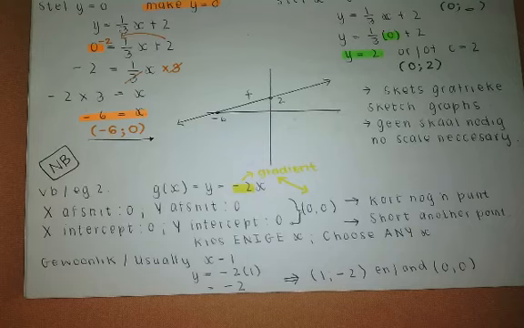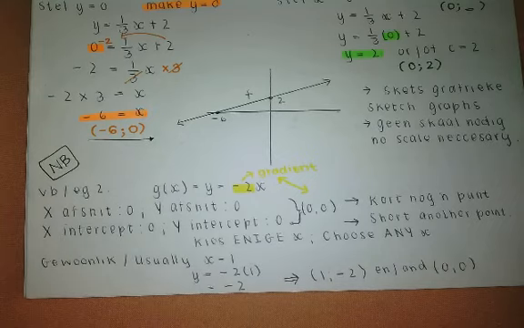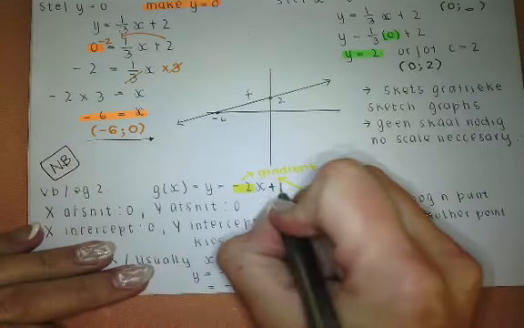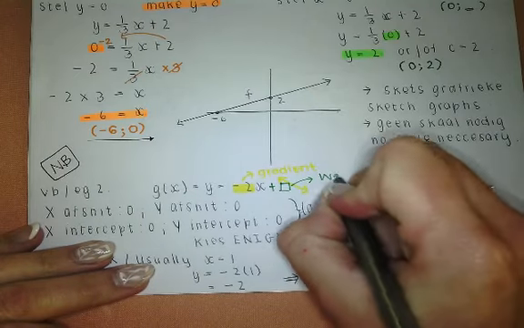Understand? Normally we have a plus c there, and that plus c is our y-intercept. Do we have a plus c here? This is non-existent. It's 0, so we don't have a y-intercept.